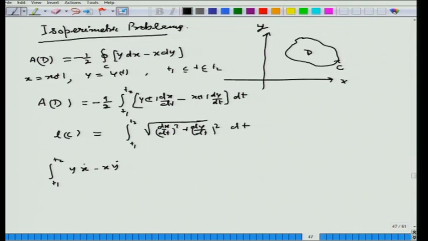So, let us put that minus sign inside. So, x y dot minus y x dot plus lambda square root of x dot square plus y dot square, dt. So, this will be the functional which we will consider here.